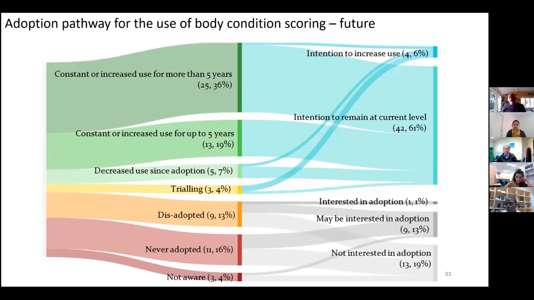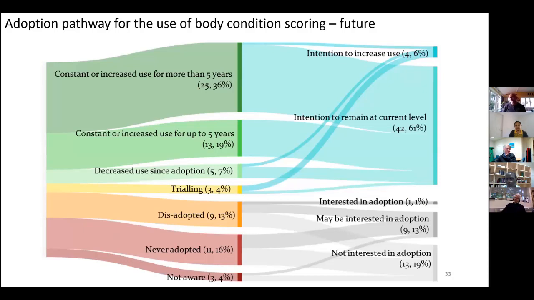And this is the graph for intention. In the middle there is the current status of all the adopters, whether they are users or not users. And then at the right there is the intention, for those who are using it, whether they intend to increase its use or remain the same. And at the bottom, whether they are interested in adoption or not, if they are not using it at the moment, or if they disadopted.